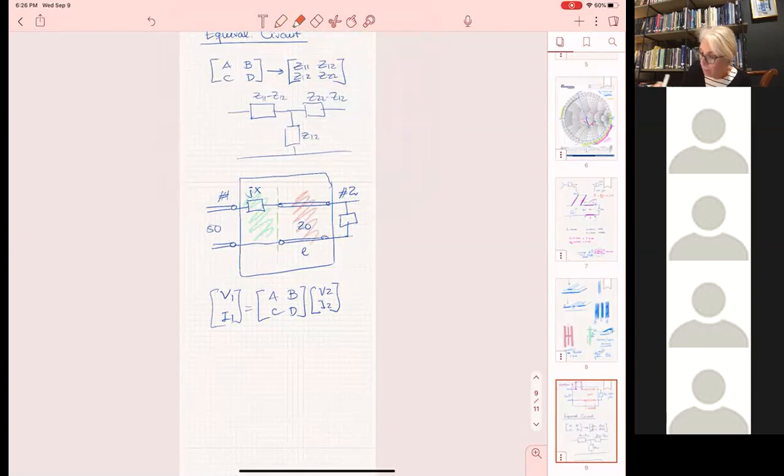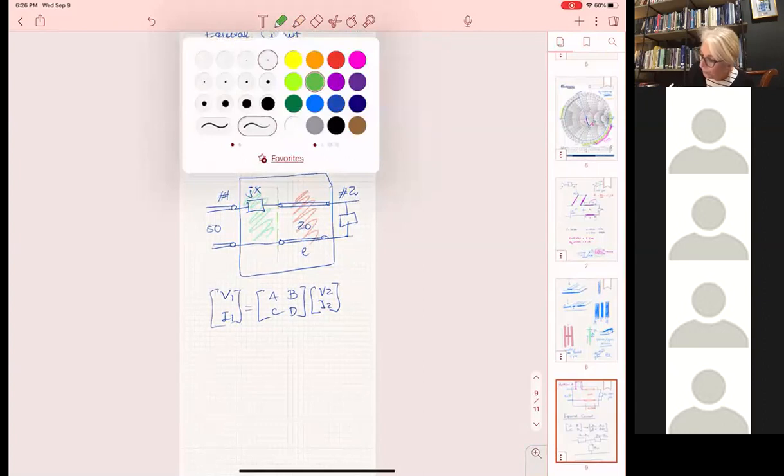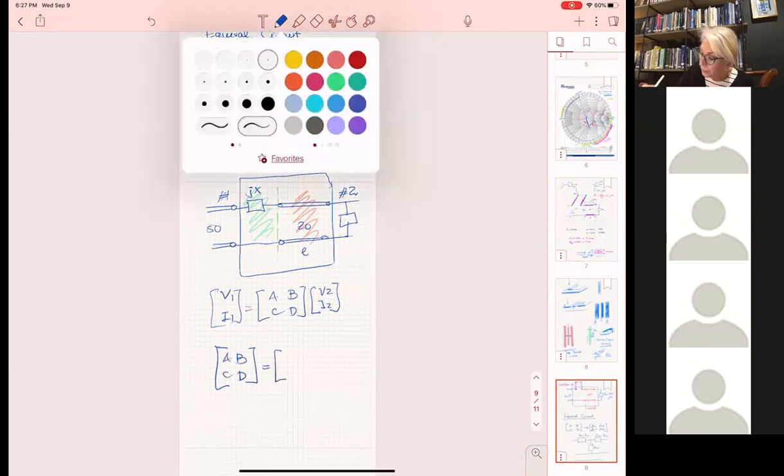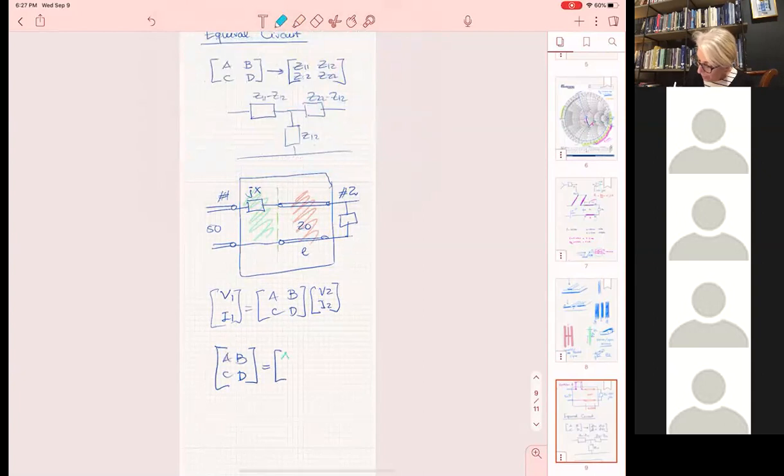So practically my transmission matrix ABCD is nothing else but the product of two transmission matrices: ABCD of the stub times ABCD of the line. Do you agree?